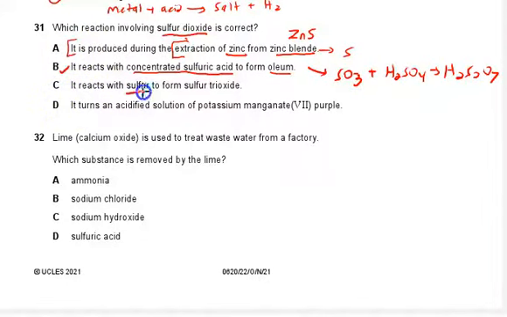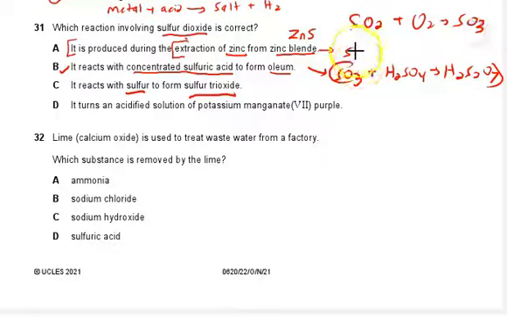It reacts with oxygen to form sulfur trioxide. Yes, this is the process before this happens: sulfur dioxide plus oxygen to form sulfur trioxide. It turns acidified potassium manganate purple.